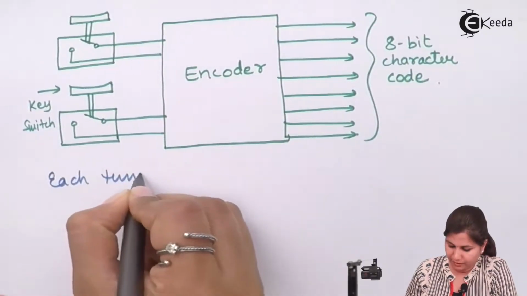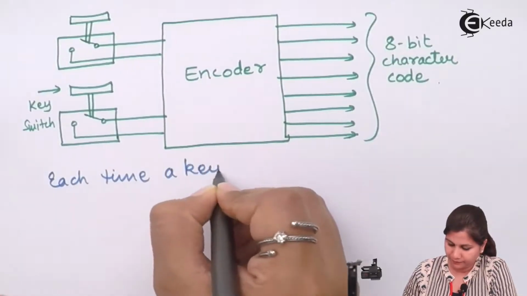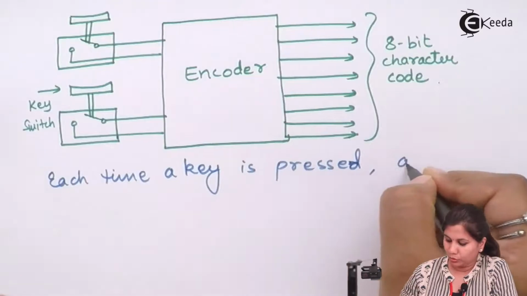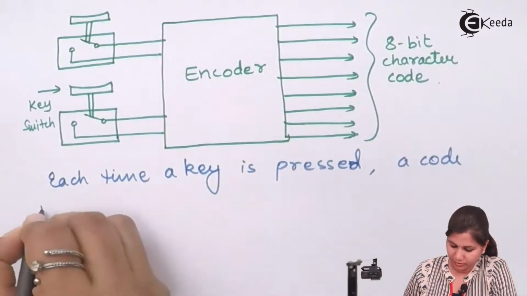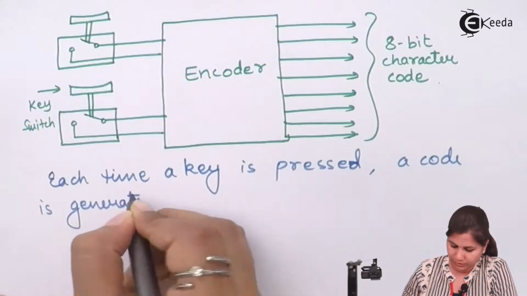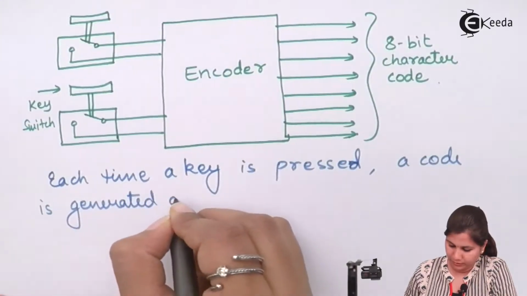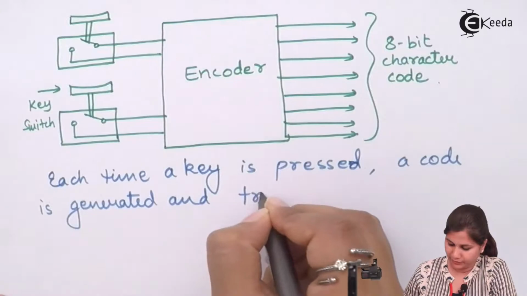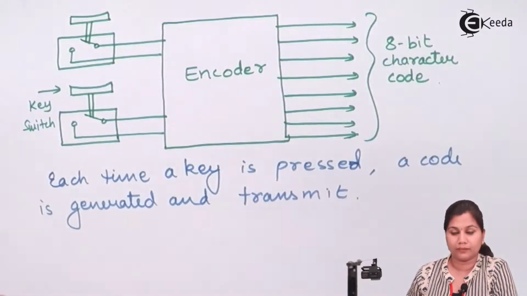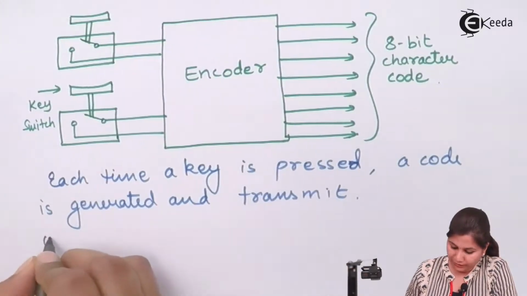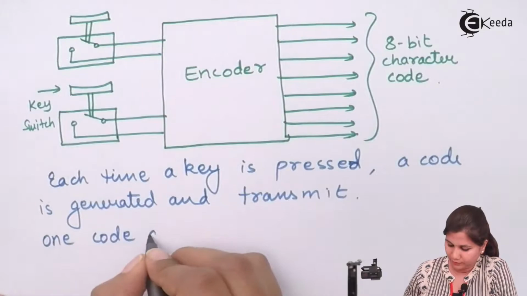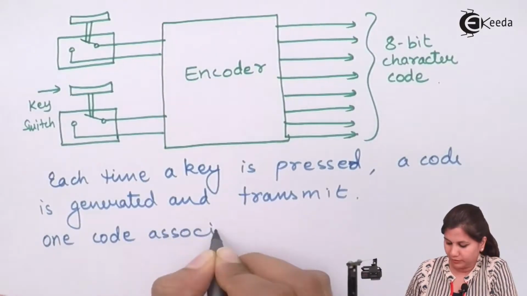So each time a key is pressed, a code is generated and transmitted. There is only one code associated with the key.